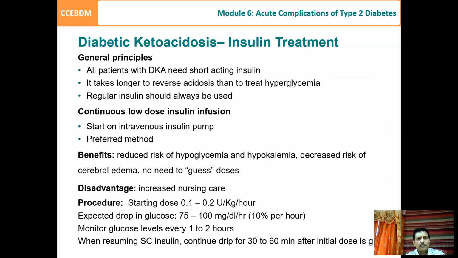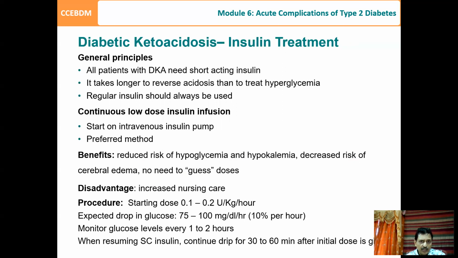Coming to the principle, all patients with DKA need short-acting insulin. It takes longer to reverse acidosis than to treat hyperglycemia. A regular insulin should always be used, and we should give intravenous insulin with an insulin pump.